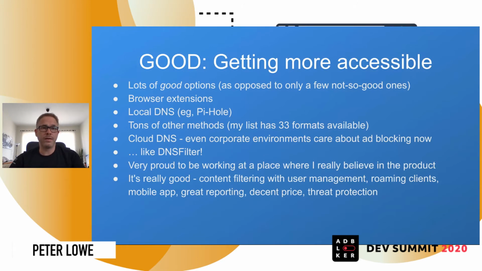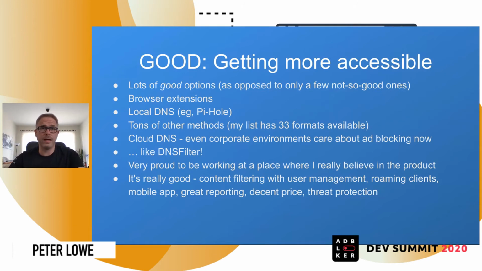But there's other things like local DNS, like Pi-hole, which is a great way of protecting your whole home, including telemetry coming from things like your smart fridge and smart sprinklers, which I just found out about recently. And there's a ton of other methods.